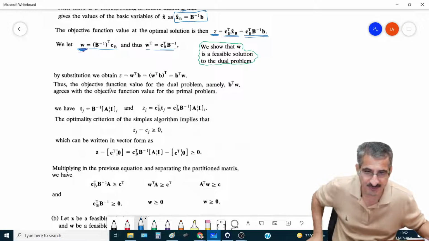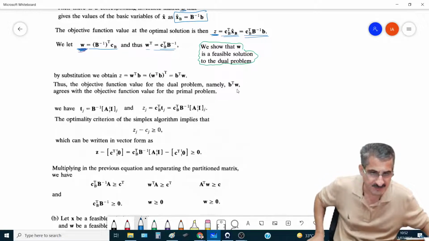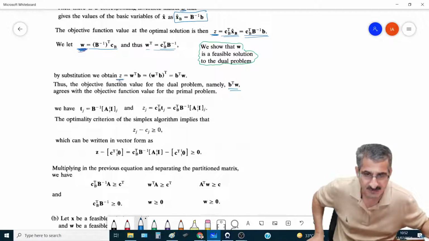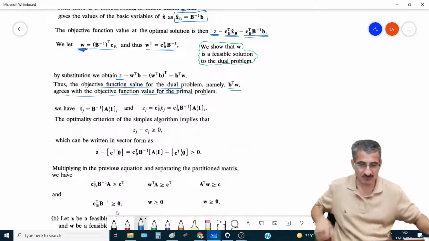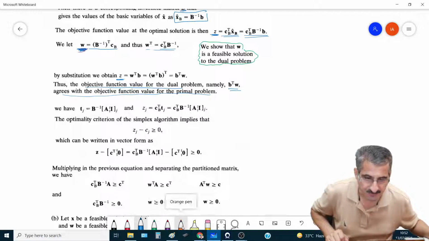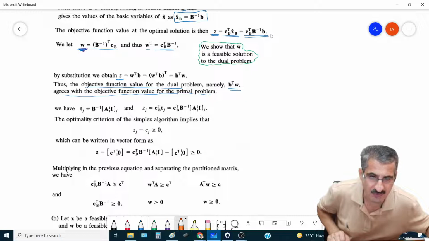That's the objective function value for the dual problem, which is this. Now this objective value for the dual problem agrees with the objective value of the primal problem. They do agree really. How? Because if we go up there, this is what? It is here.